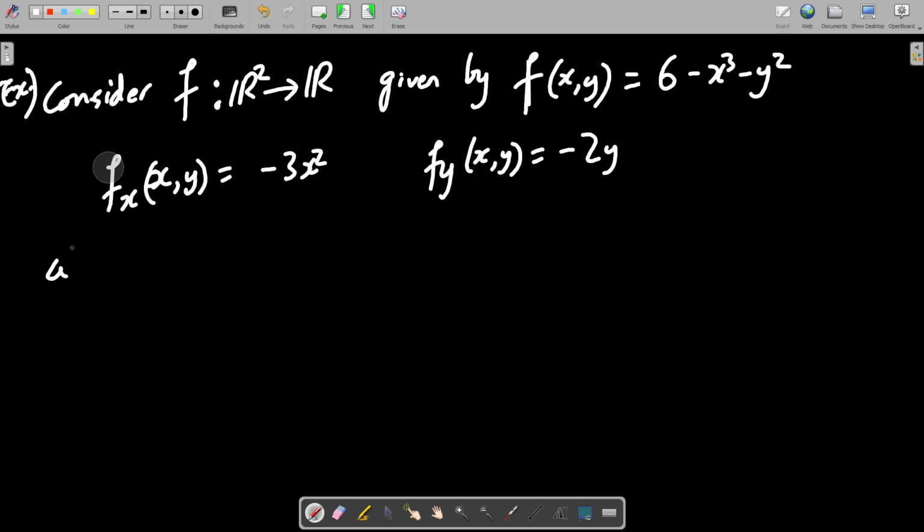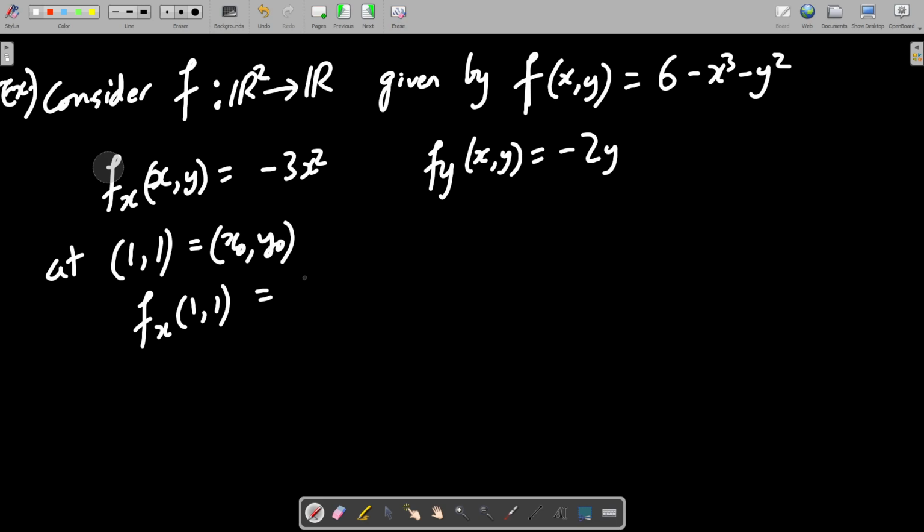We'll consider a simple point, we'll take (1, 1) so the values come out nice. This is my (x0, y0) in this case. So fx at (1, 1) is going to become -3, and fy at (1, 1) is equal to -2.